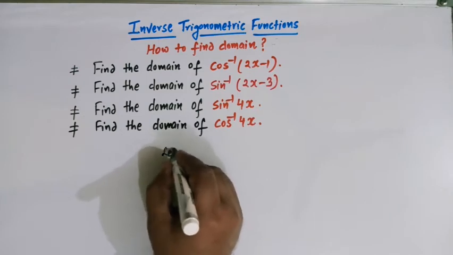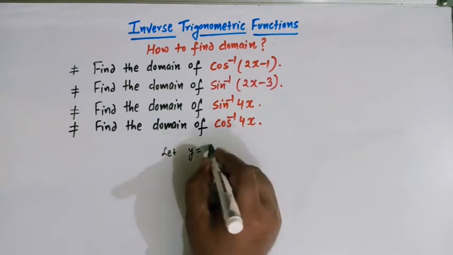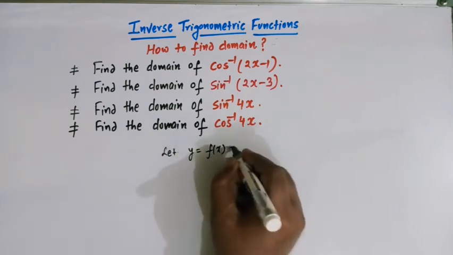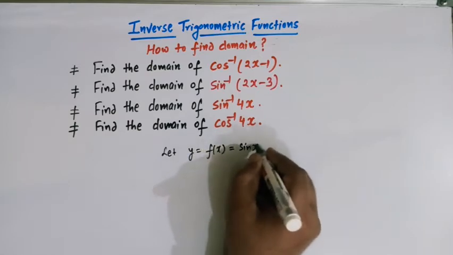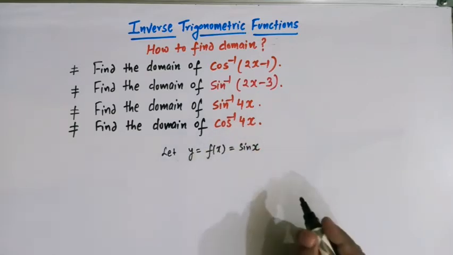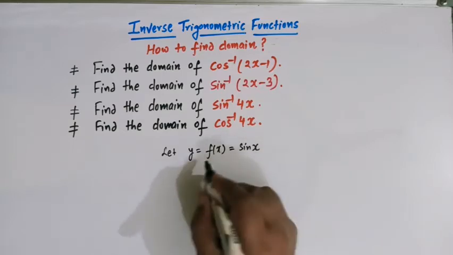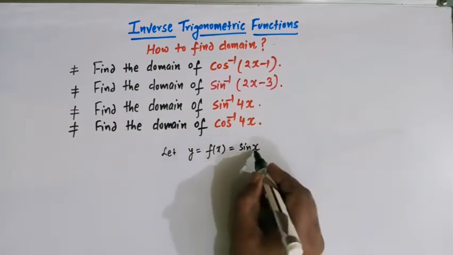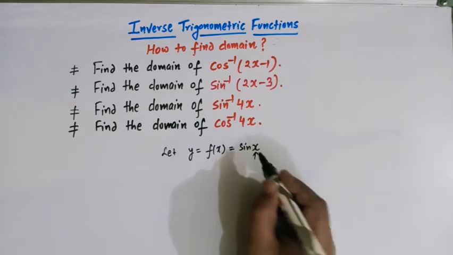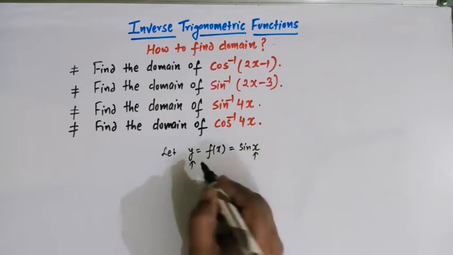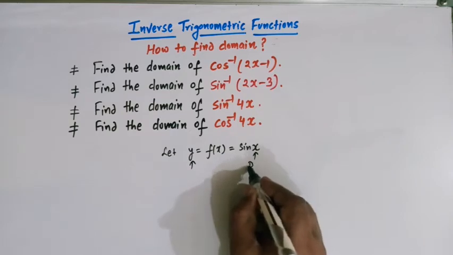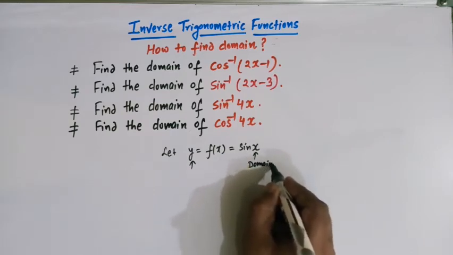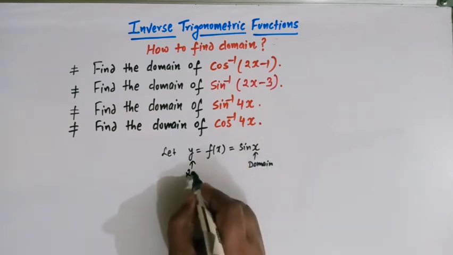Let y = f(x) = sin x. So this is the sine function. Now we know that here this x belongs to the domain and this y belongs to the range. So this is the domain and this is the range.